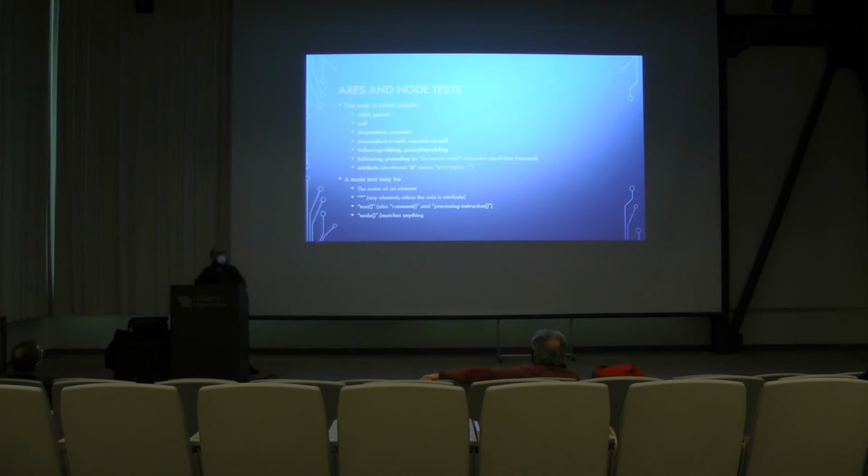If you want to refer to other kinds of nodes, you can use what I showed you before, the type of the node followed by parentheses. So text() is the only one that's going to really be important to us today, but there are also things like comment() and processing-instruction() and so on. And then finally, node(). That's also a node type test, but every node matches that.